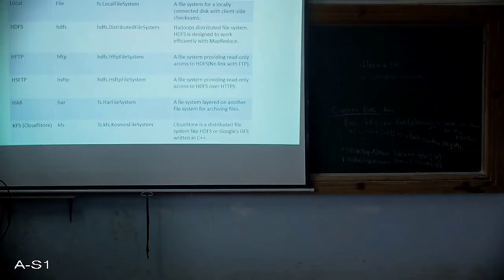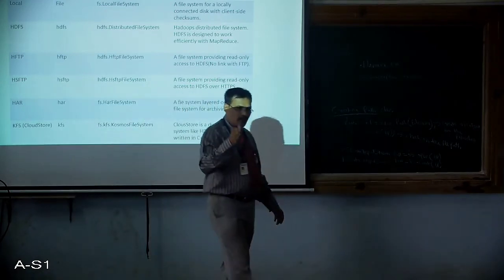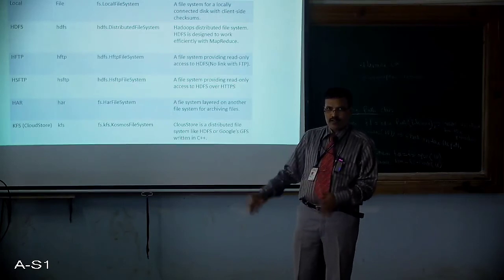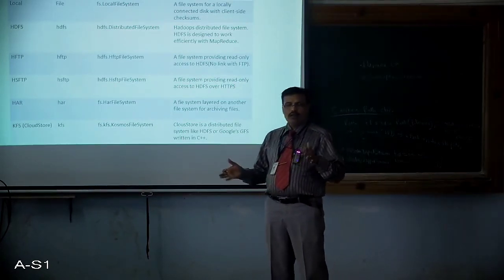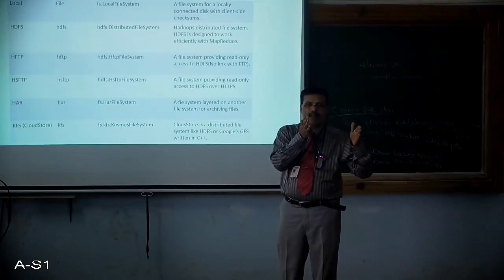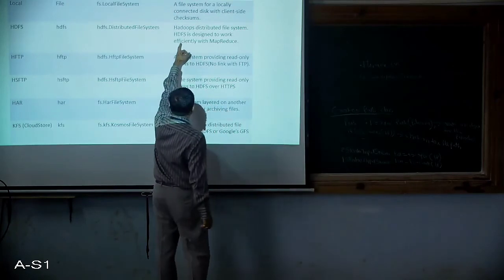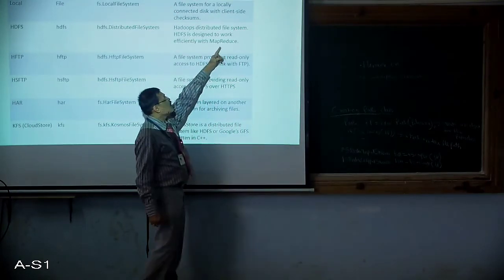HDFS is designed to work efficiently with MapReduce operations. You might have studied this in the third unit. MapReduce is a technique which works on distributed file concepts. That's why HDFS supports the distributed file system with MapReduce operations.